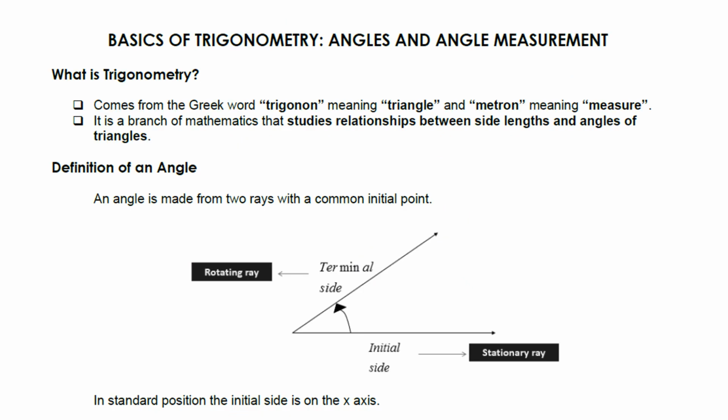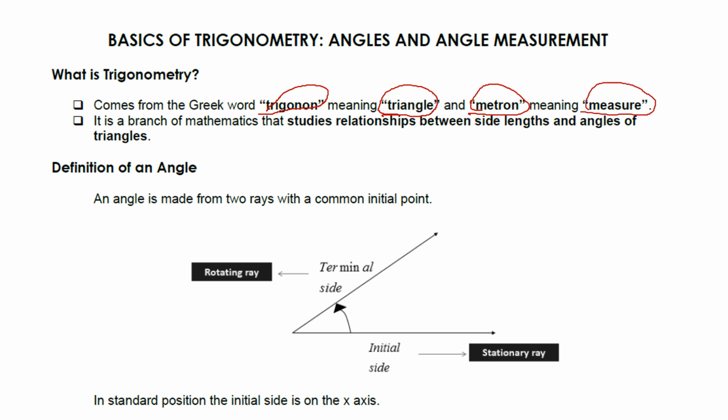So these are some of the basics of trigonometry. The first thing that we're going to do is to discuss what is trigonometry. Trigonometry comes from two words: trigonon, meaning triangle, and metron, meaning measure.